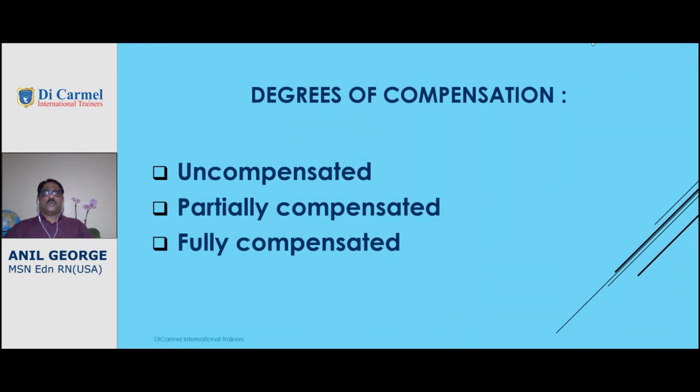And also, when we talk about compensation, something I didn't tell you yet: compensation can happen in different degrees. It is either uncompensated or compensated, and the compensated itself can be partial or full, or complete. Let's see what it means. When we move forward, we're going to see a clear picture of each of these conditions, and that'll help us understand and answer the related questions.